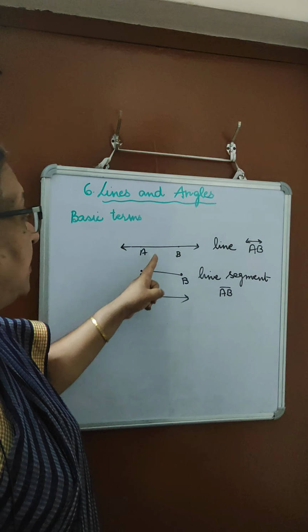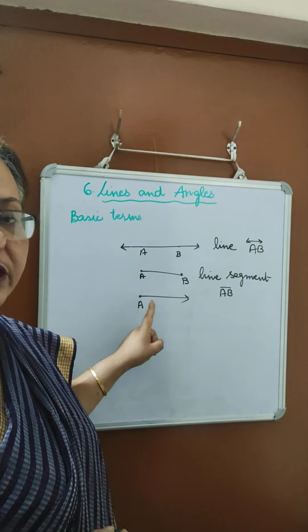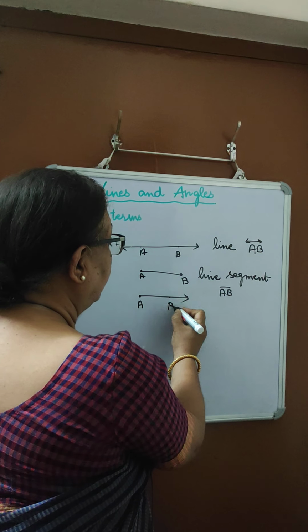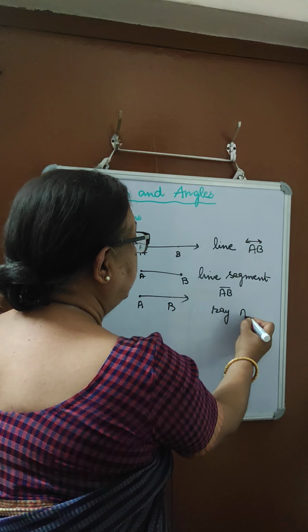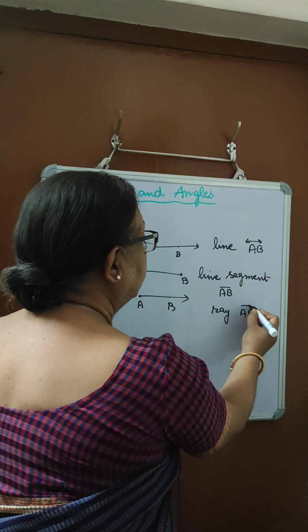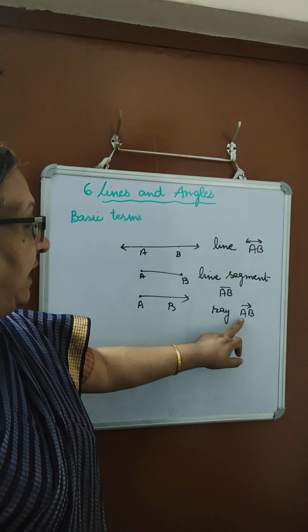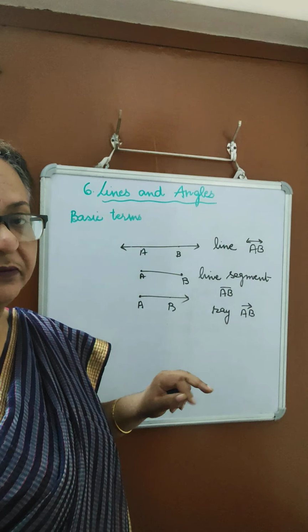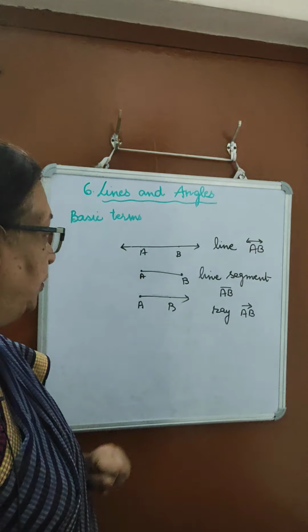So again this is a portion of the line having only one end point. This is then called a ray, and we represent it by this symbol: ray AB, line segment AB and line AB. Okay, so these few things are known to you.